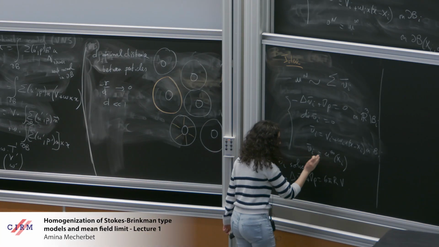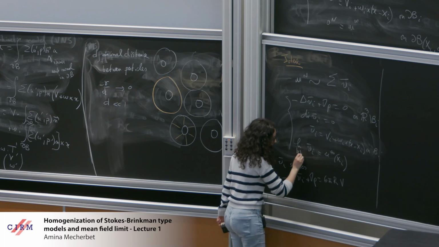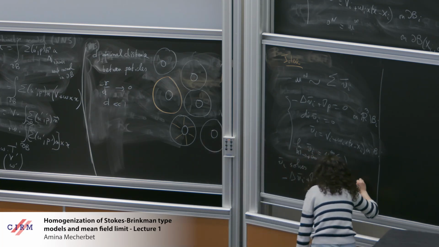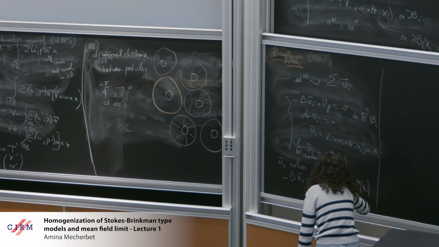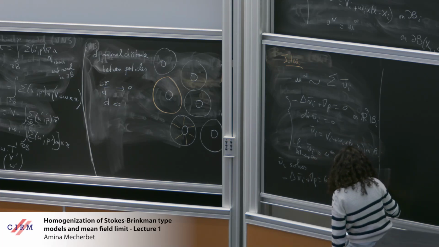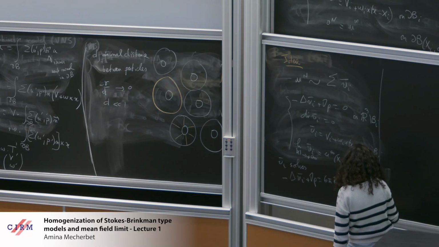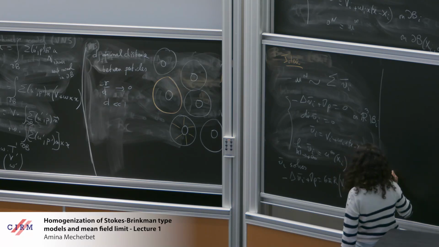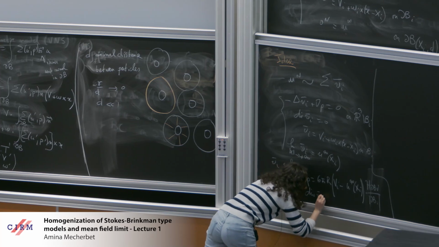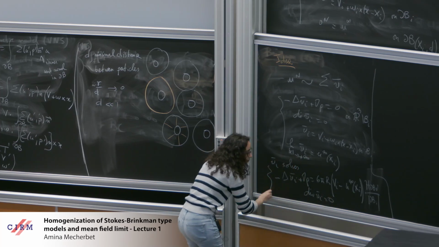Yes, so this is the limit. Let's go to infinity. So here you have VI minus u infinity xi times the Hausdorff measure divided by its volume, right? Divergence equals 0. So this holds on R3.